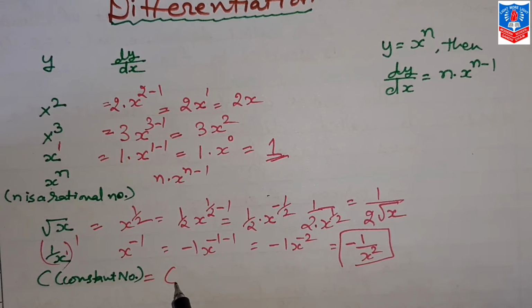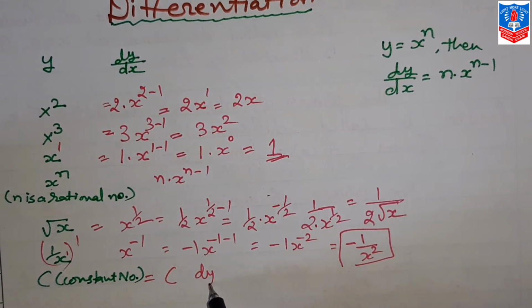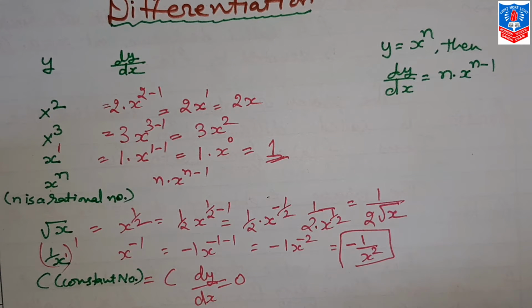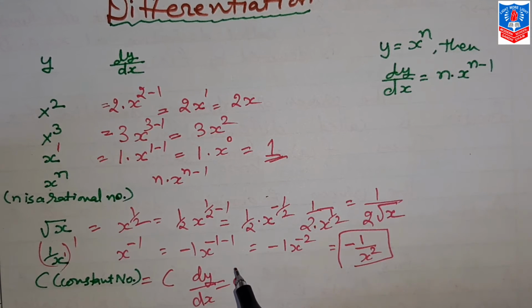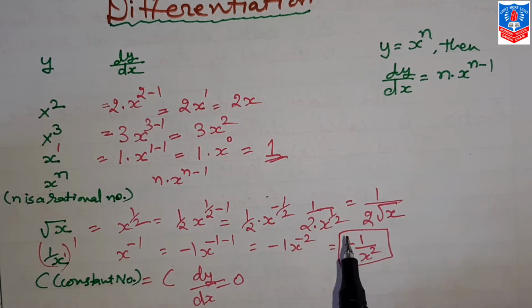Now that c, dy upon dx in that case will be 0. Remember, these are all important derivatives which will help you in solving sums. So let us start now.